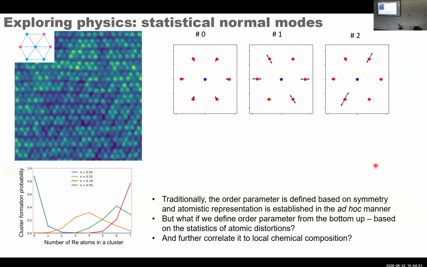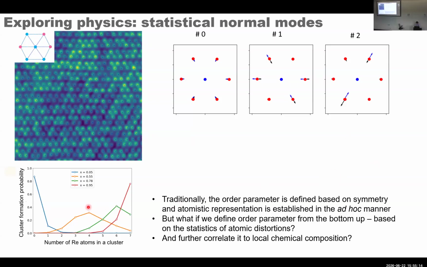But if we look at it locally, we deal with small clusters with different concentrations. So just statistically, one place will have more rhenium atoms, another place will have fewer rhenium atoms, and so on and so forth. So globally, it is the same material. But locally, this is a mixture of regions with different concentrations.